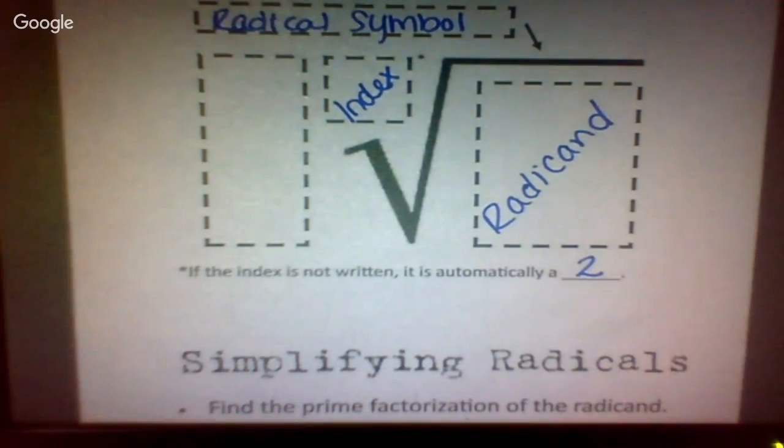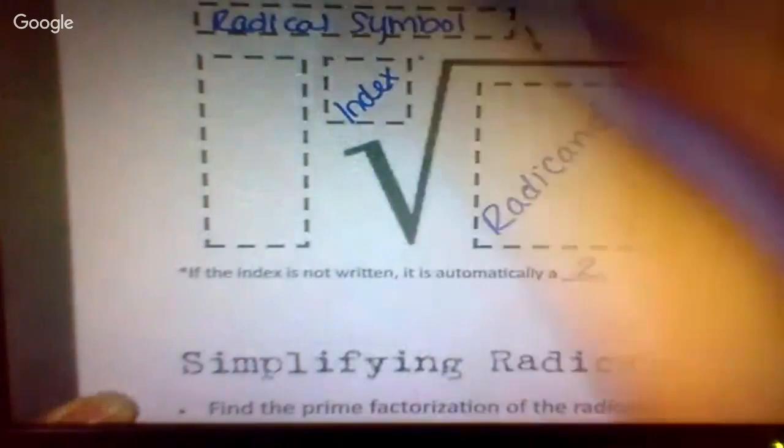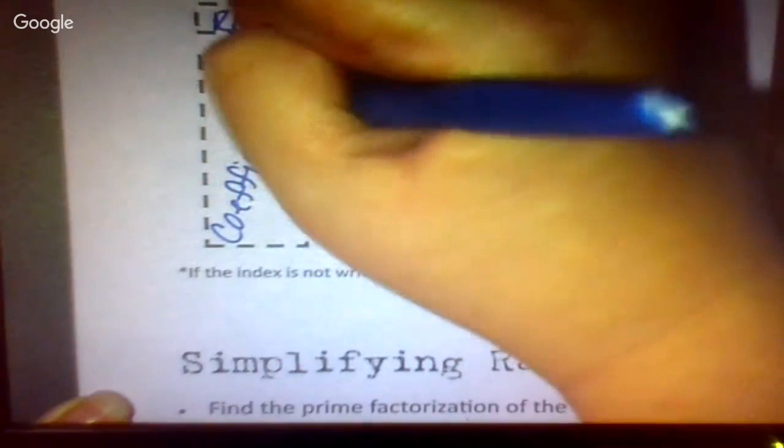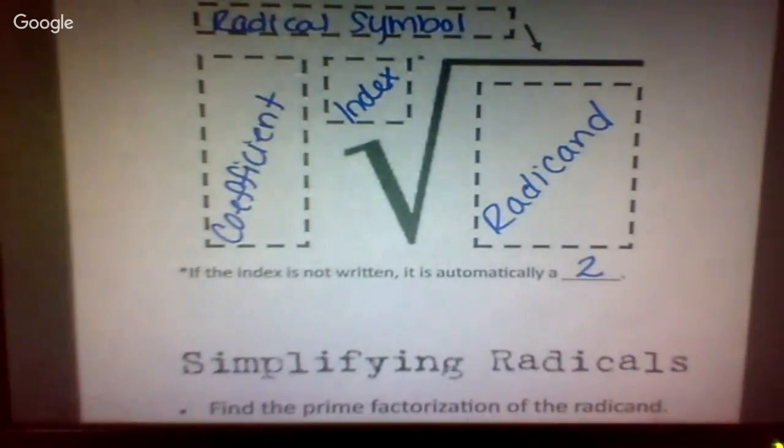Remember too, if you had something like 2x, that meant 2 times your number, which means 2 was your coefficient. With radicals, we also have a coefficient. So you may see something like 2 square roots of 3. That means 2 times the square root of 3, just like 2x meant 2 times x.